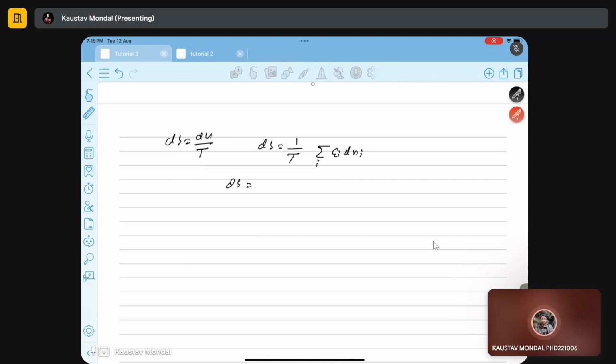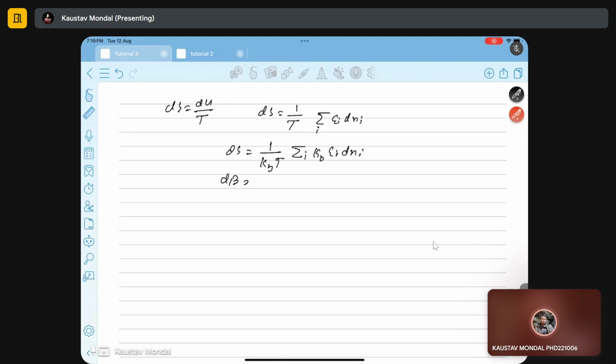We can further simplify it to 1 by k_B T, times the summation over i of E_i dN_i. So 1 by k_B T, you can write as k into beta, times the summation over i of E_i dN_i.